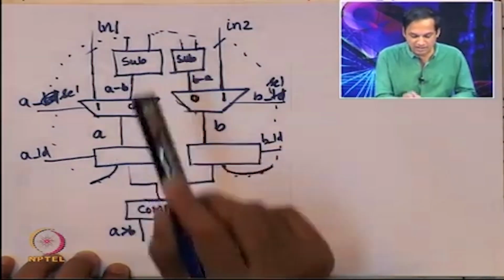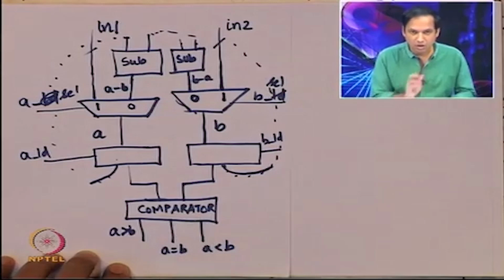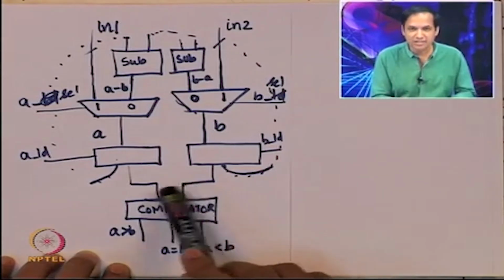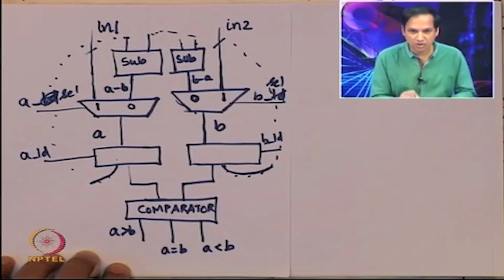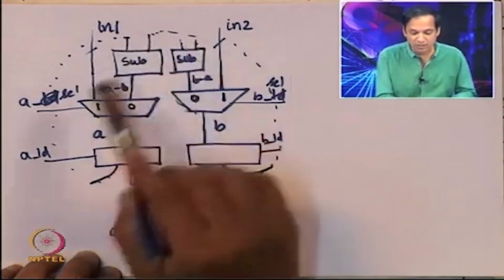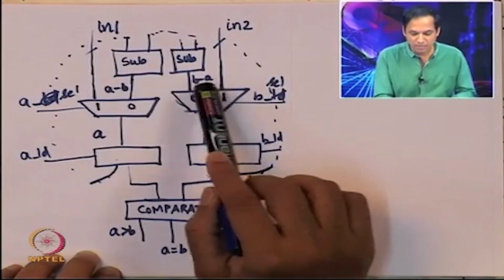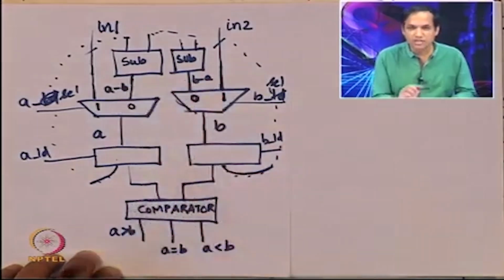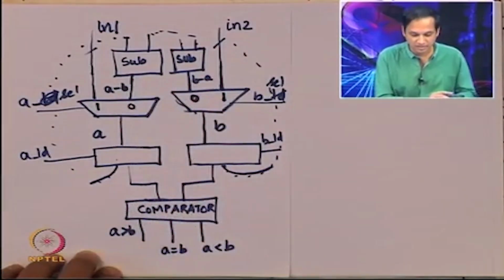Since subtractors and comparator are combinational circuits, any change in input will change the output. So these results, A greater than B, A equals B, A less than B, will come out at some point of time. Similarly, when you supply two numbers, A minus B and B minus A, these two results will come out at some point of time.